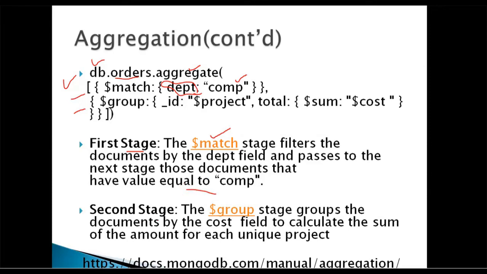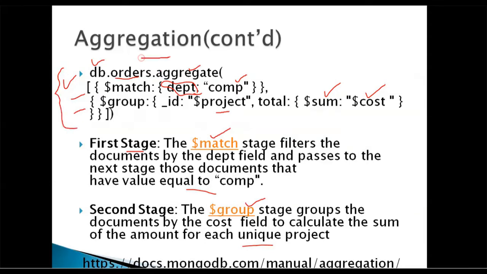In the second stage, the group stage, it groups the documents by the project field to calculate the sum of the cost for each unique project. So try to understand this format of aggregation.